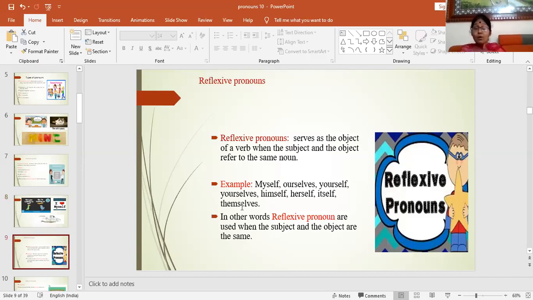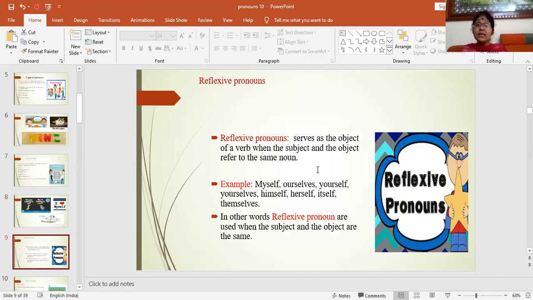So what do we call such pronouns? Such pronouns are reflexive pronouns. What are reflexive pronouns? They serve as the object of the verb when the subject and object refer to the same noun. Examples: myself, ourselves, yourself, yourselves, himself, herself, itself, themselves.